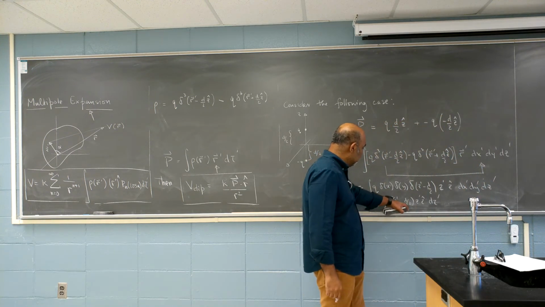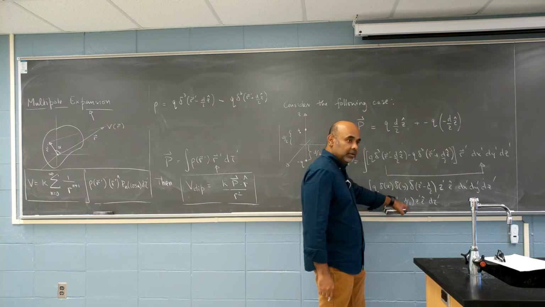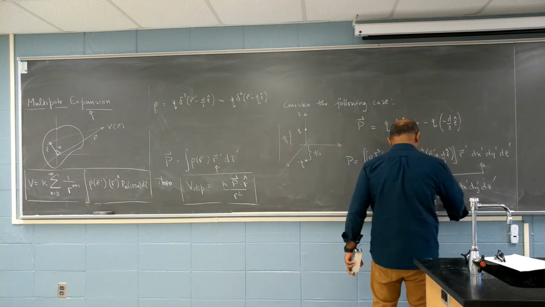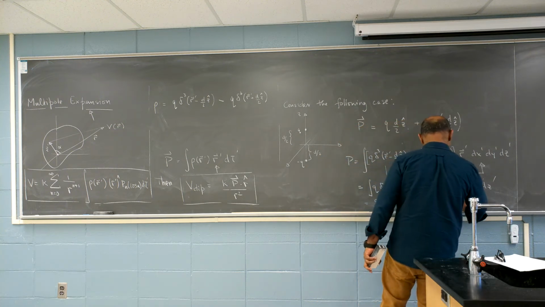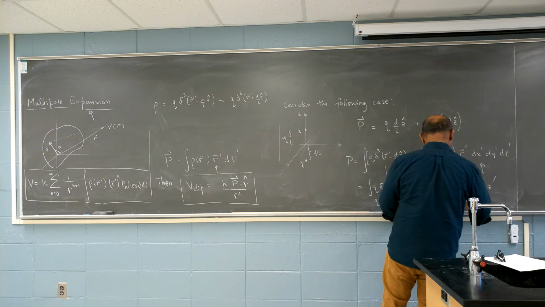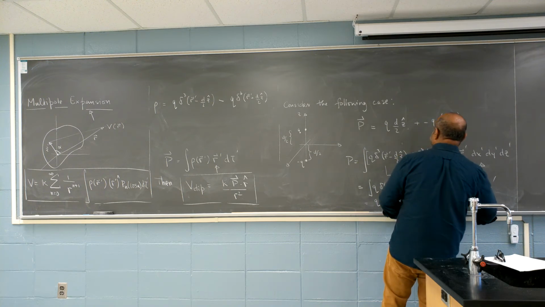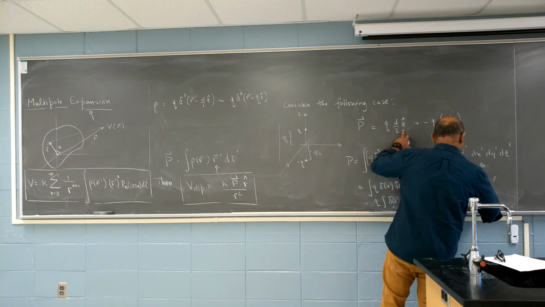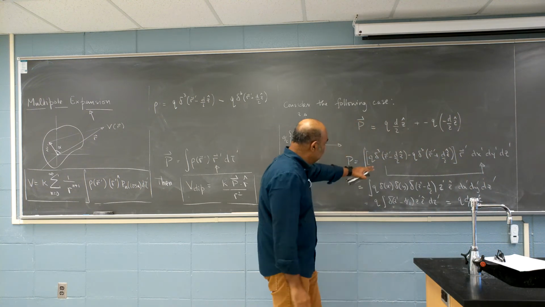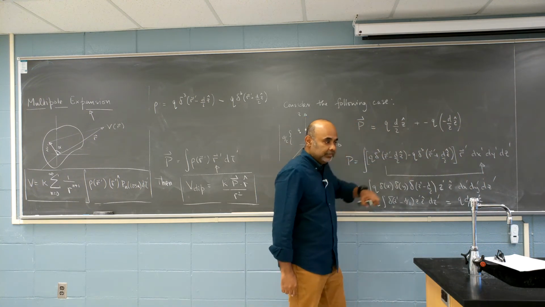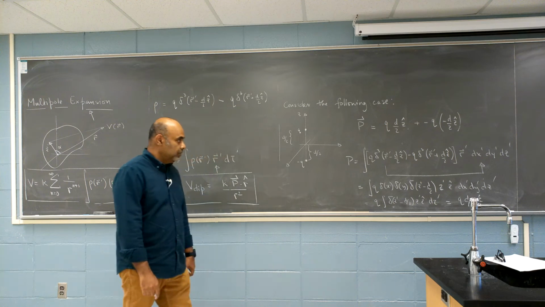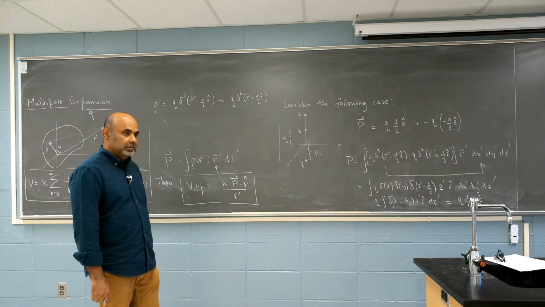All I have to do is replace z prime with d over 2. Correct? So then I would get Q times d over 2 z hat. And similarly, I can compute the next one. You see that?